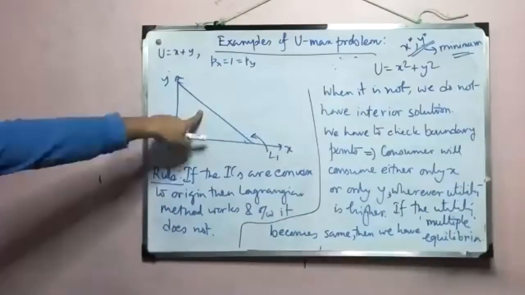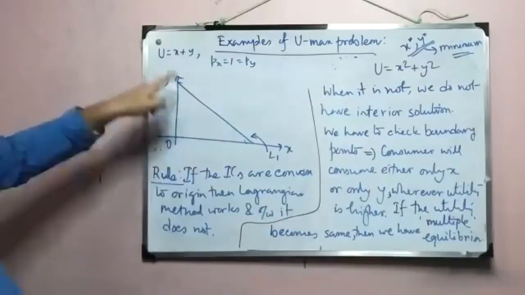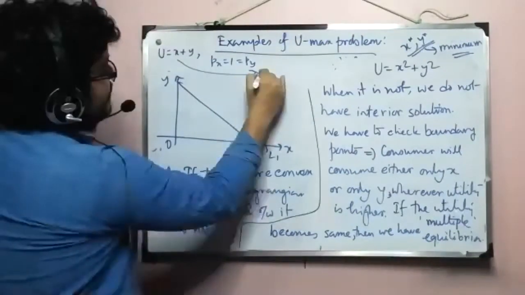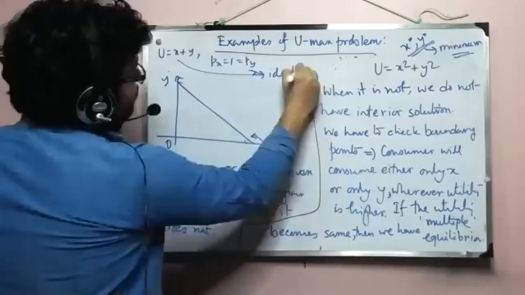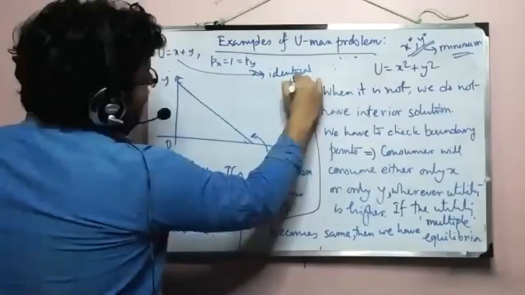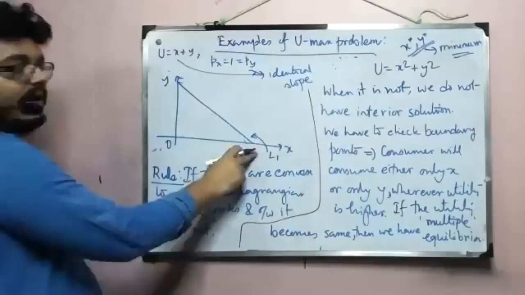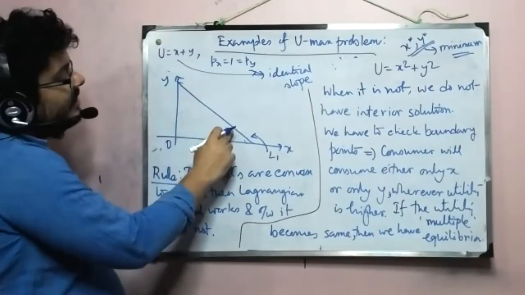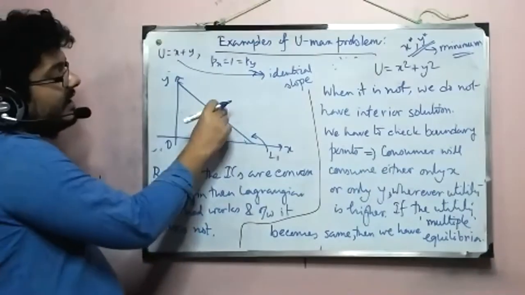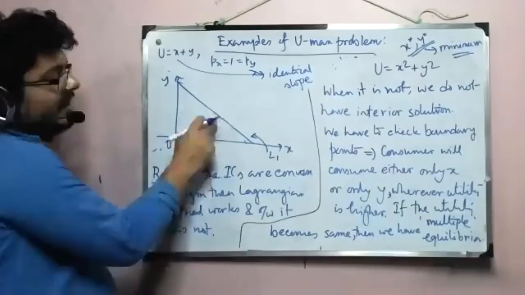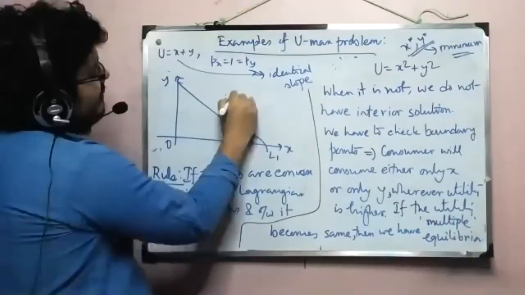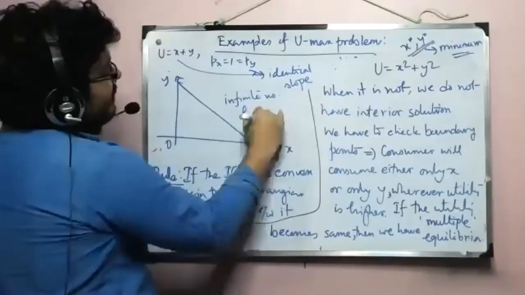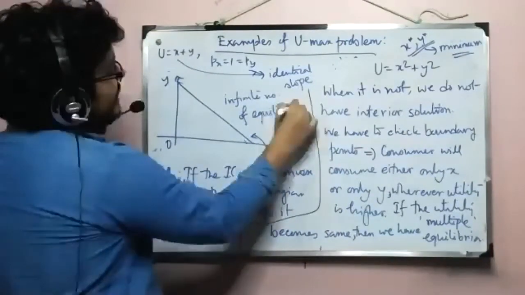The slope of which is identical with the slope of this IC. So the slope of these two, they are identical. Now that means when I'm drawing this L1, it is basically also true that I am drawing an IC here. So this is also an IC. And I cannot segregate between these two. And that leads to my answer being an infinite number of choices, infinite number of equilibria. So that's my choice.